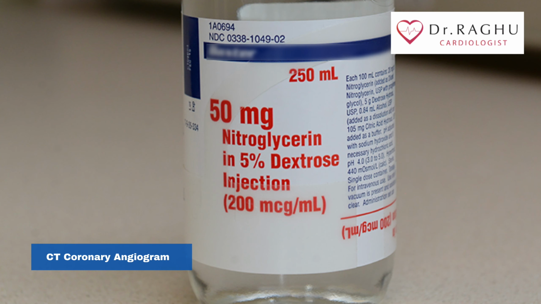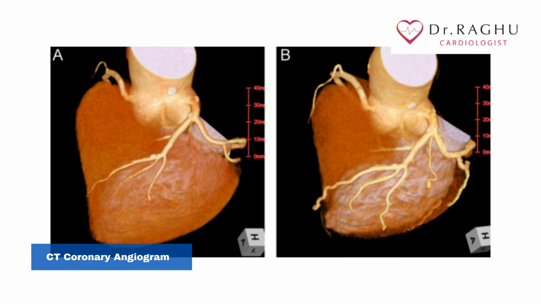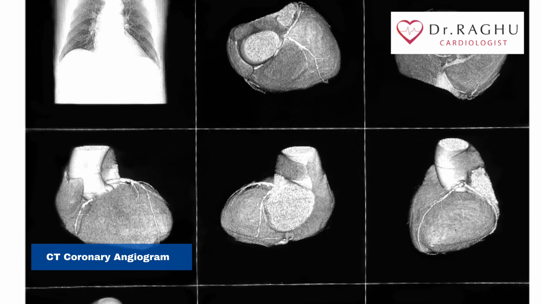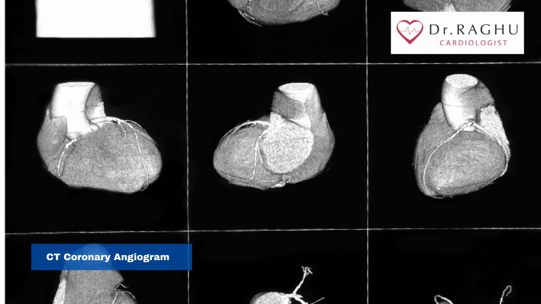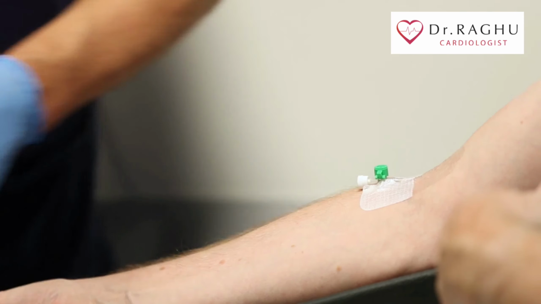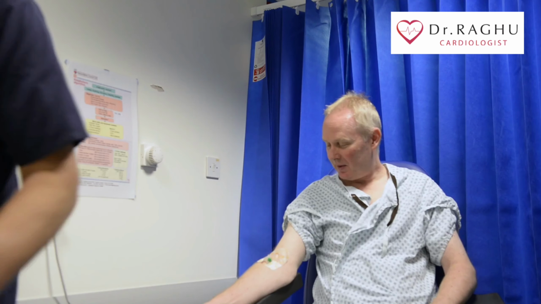You might also be given nitroglycerin to widen your coronary arteries. The CT scan may be done using a special medicine to help your blood vessels show up more clearly. If you're allergic to contrast material, you might be given medication to lower your risk of a reaction.